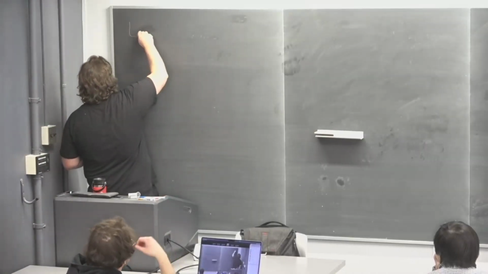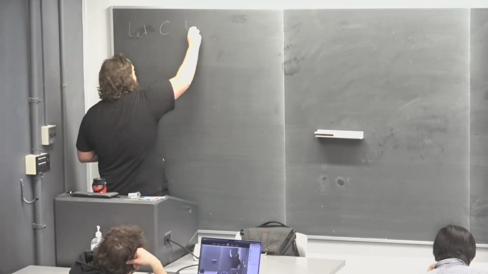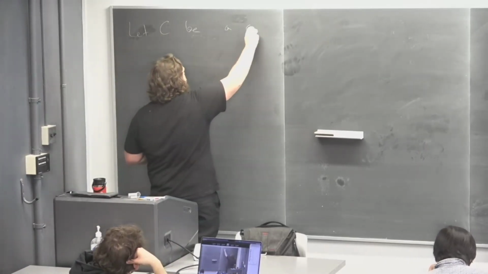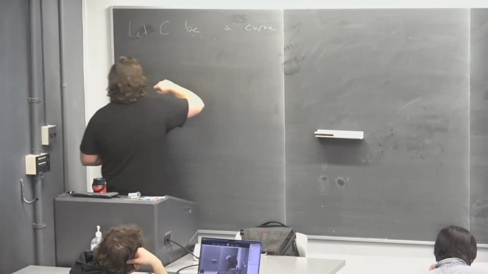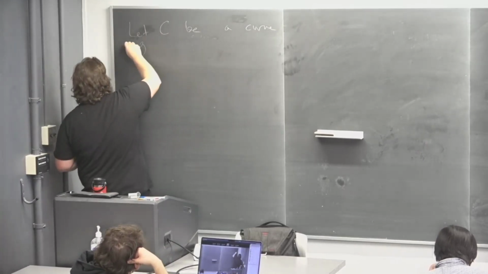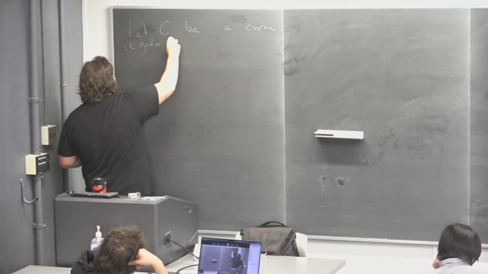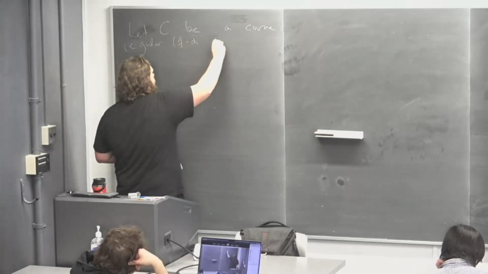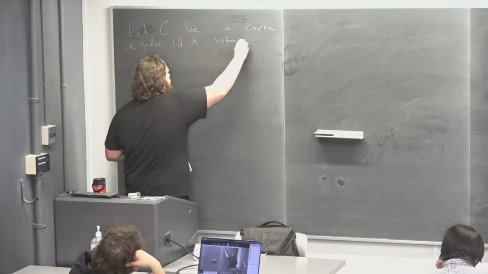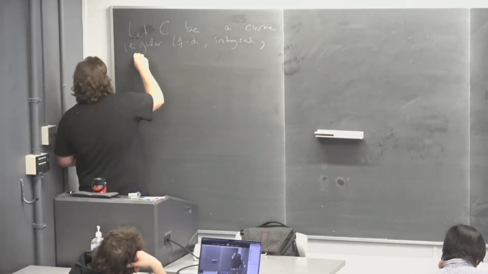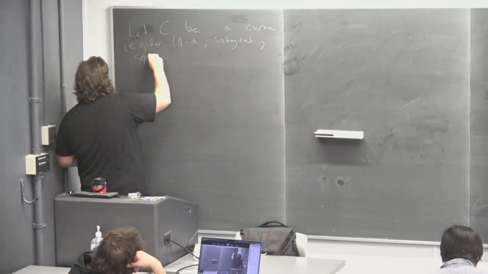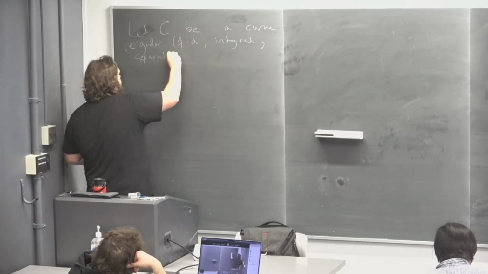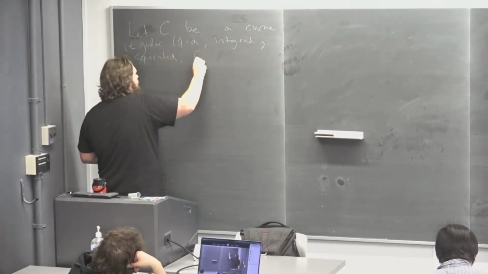So C/B, a curve, and for simplicity, let's assume it's regular. And of course, by curve, I mean it's 1-dimensional, integral, separated, and finite type.